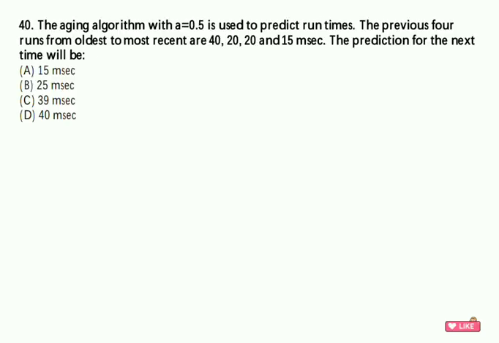Next. The aging algorithm with A equals 0.5 is used to predict runtimes. The previous 4 runs from oldest to most recent are 40, 20, 20 and 15 milliseconds. The prediction for the next time will be, so it will take all 4 previous runtimes into consideration.